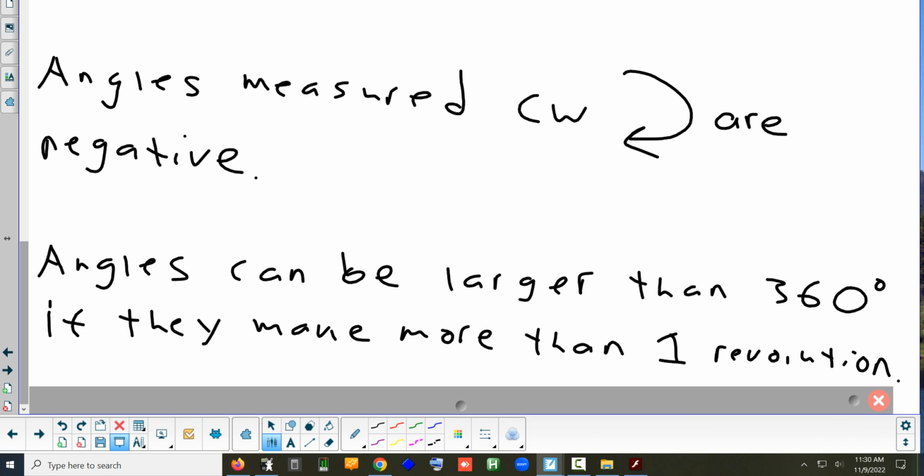That doesn't really happen when you're talking about polygons, specifically triangles. Triangles all add up to 180, so you're never going to have an angle larger than 360. If we're talking about angles that are larger than 360, we're probably not talking about a triangle. We're talking about maybe a type of rotation.